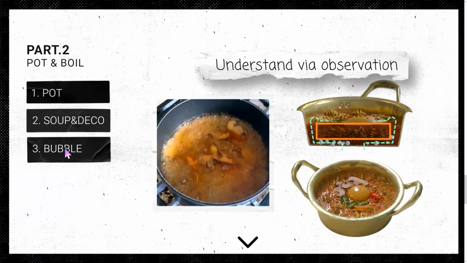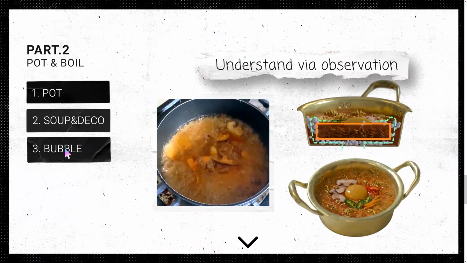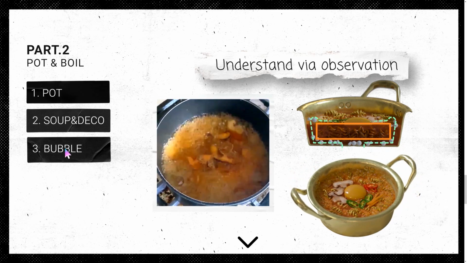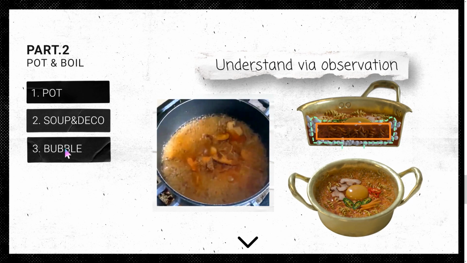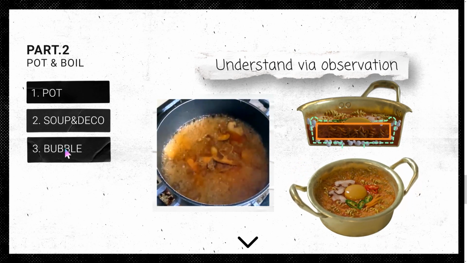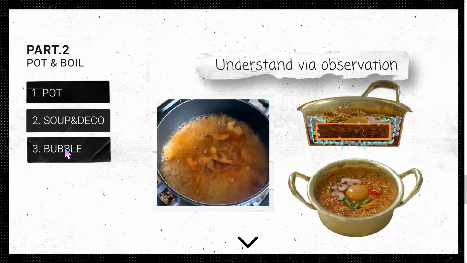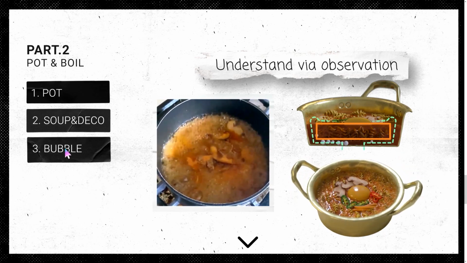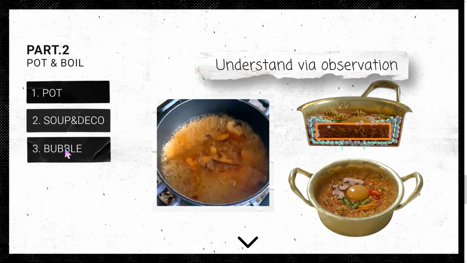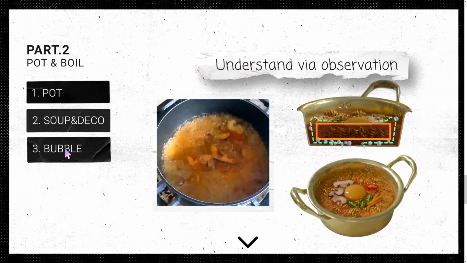I ate a lot of ramen while I was making this artwork and tried to find some interesting patterns of movement. Then I realized there's a specific movement when we boil ramen. Just imagine when you boil ramen, the bubbles start from the bottom of the pot and are generated.